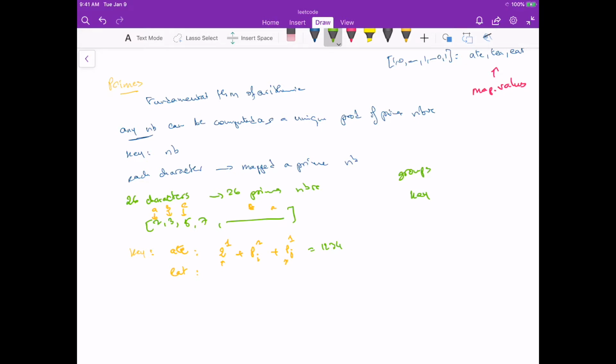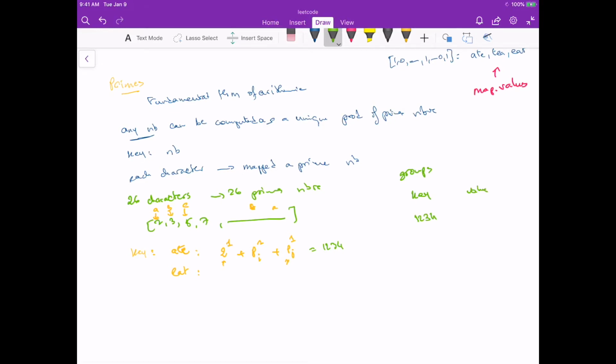It's probably not that number, but the key would be a unique number because it's just a product of values. And here we would have the values eat, ate, and tea, and a similar thing for tan and nat, and a similar thing for bat. And so we could return at the end just groups.values.